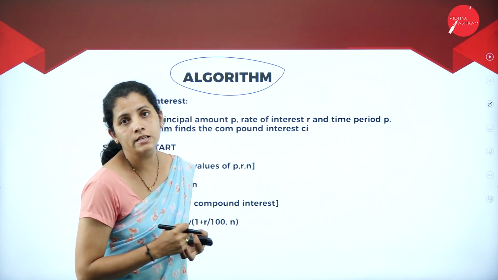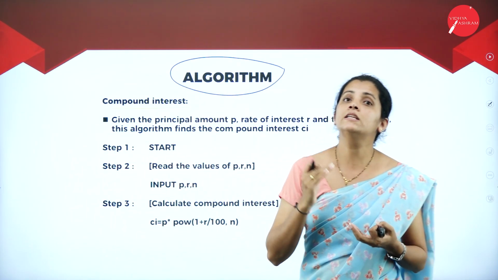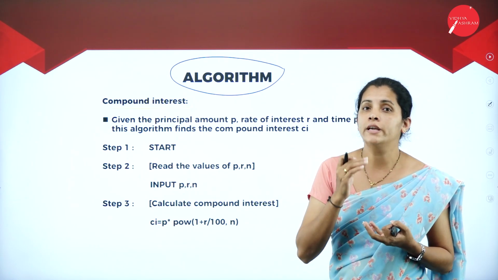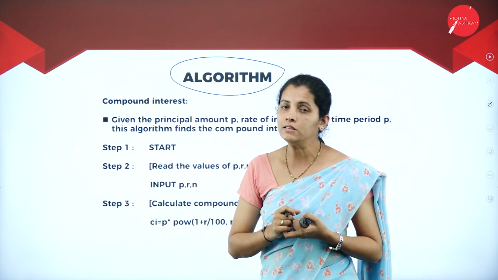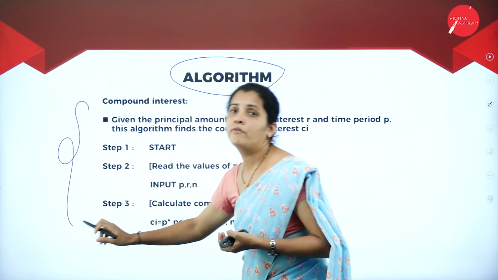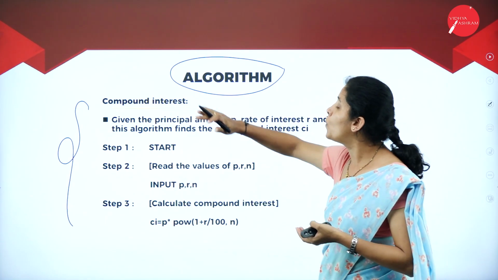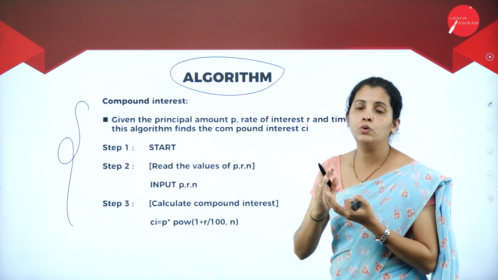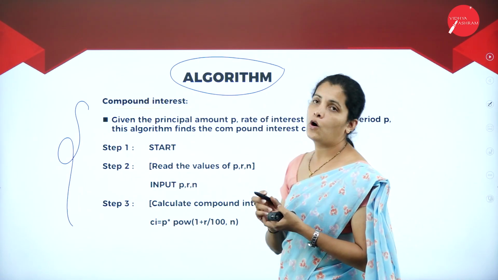Here algorithm is nothing but the step-by-step finite sequence of instruction that is given to your computer system. So these are the step-by-step finite sequence of instruction. So one by one I'm going to give the instruction. That is itself called algorithm.